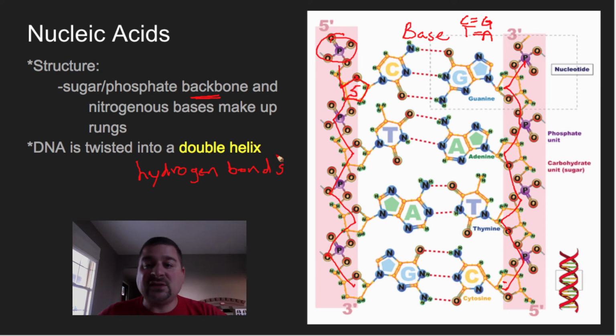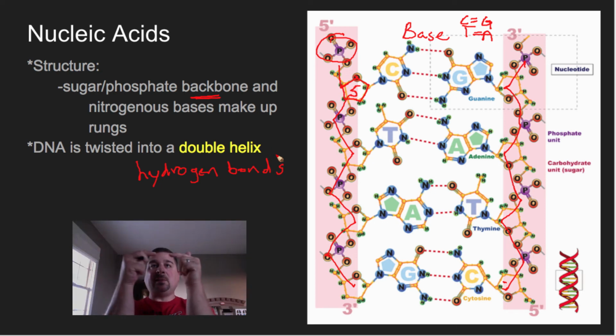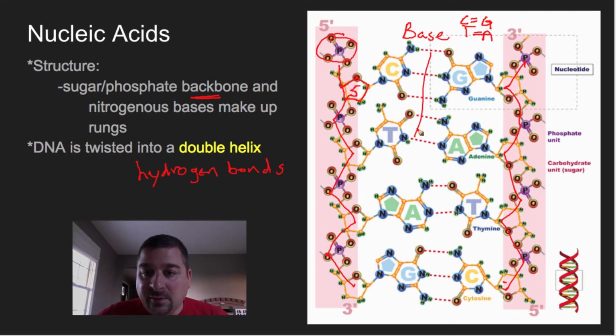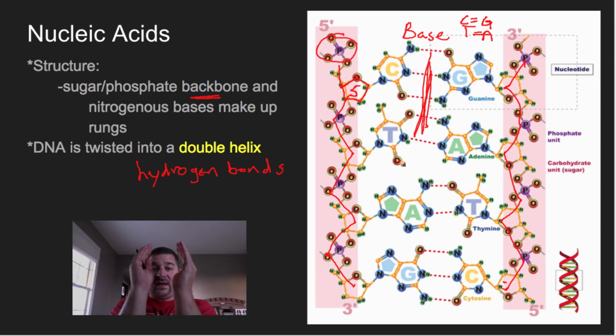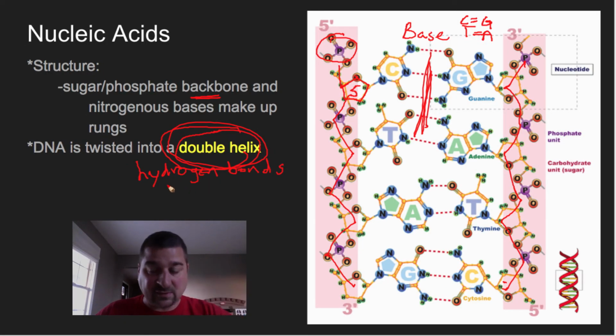In DNA, the rungs with the bases sticking in the middle, between those two bases, are hydrogen bonds that hold the two sides of the DNA molecule together. And then the whole DNA molecule is twisted into what we call a double helix, and that's how we often recognize DNA as being DNA, because it's twisted into a double helix.